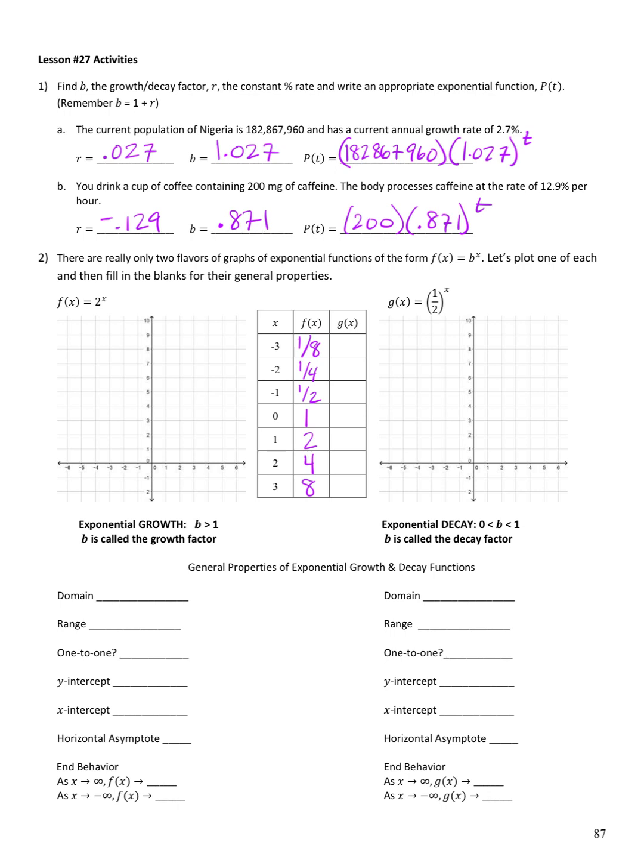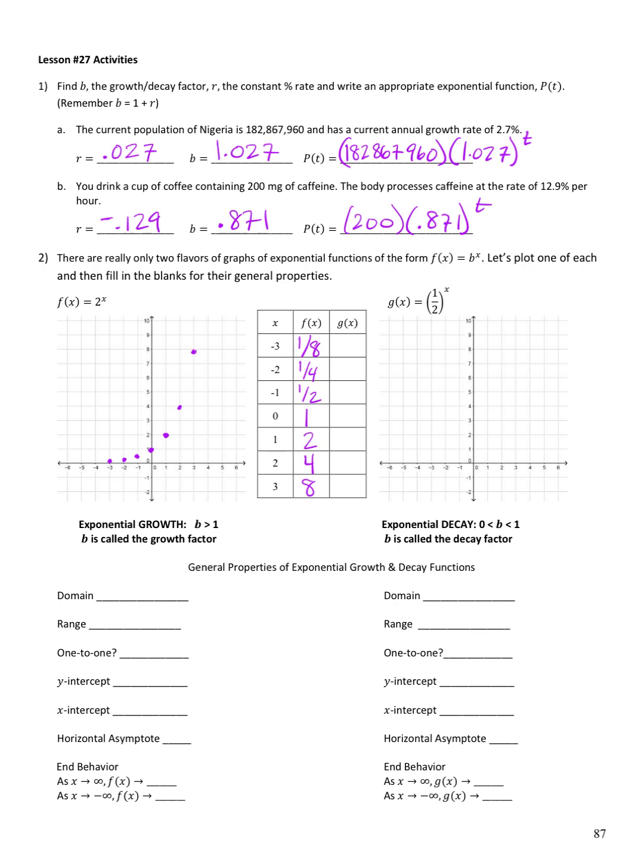So let's go ahead and plot those. Negative 3, 1/8, so that's teeny tiny. Negative 2, 1/4. Negative 1, 1/2. 0, 1. 1, 2. 2, 4. And 3, 8.